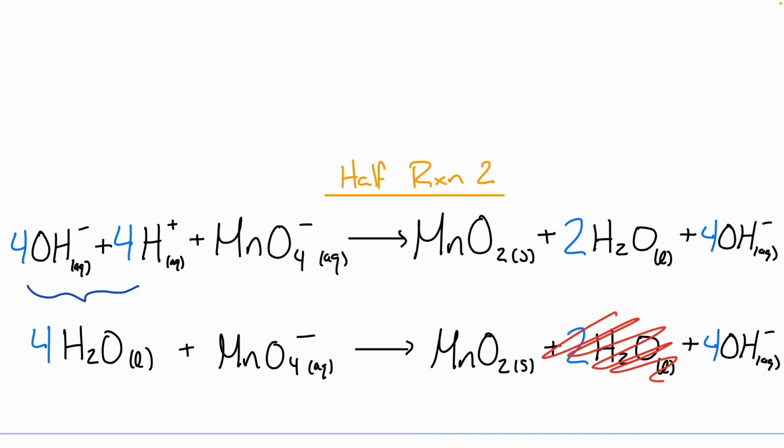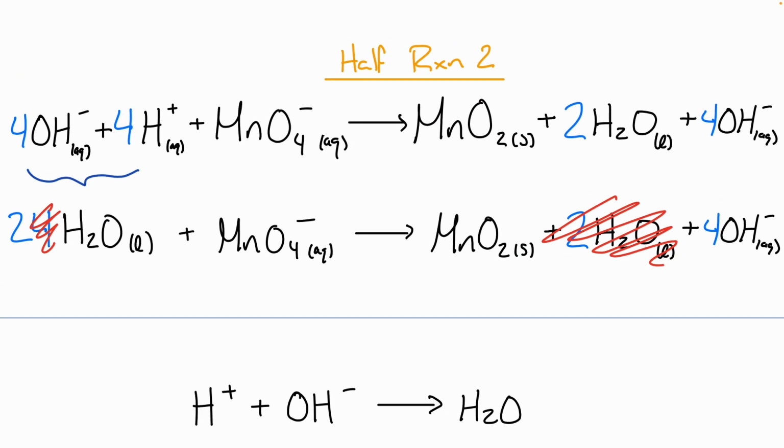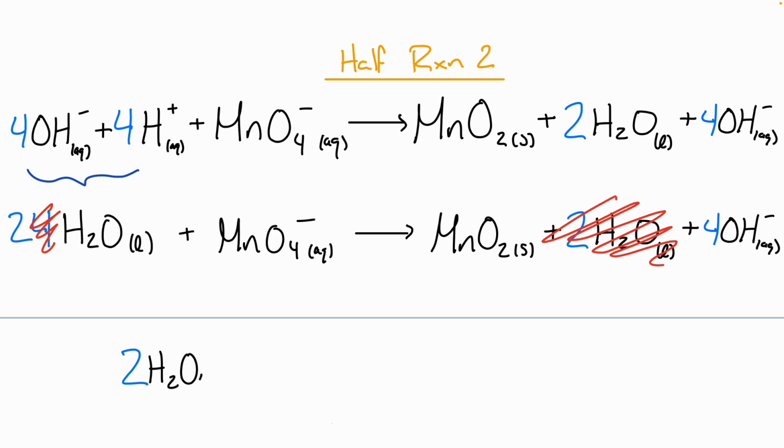So I can get rid of these 2 and just subtract 2 from this total. So at the end of the day here, my other half reaction is 2 H2O plus that permanganate ion gives us that solid manganese oxide and 4 hydroxide ions.